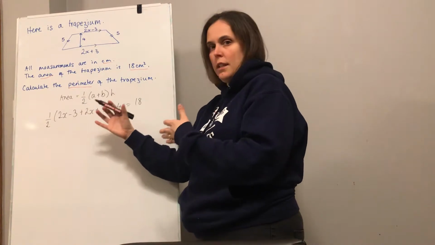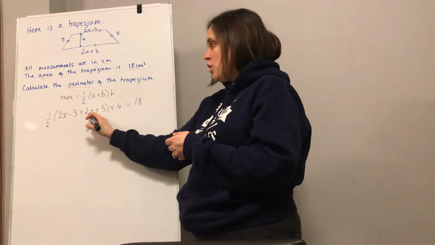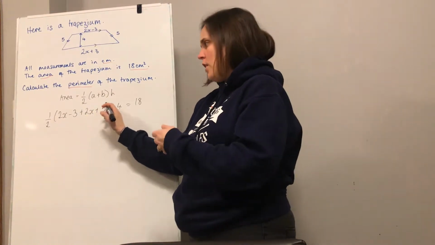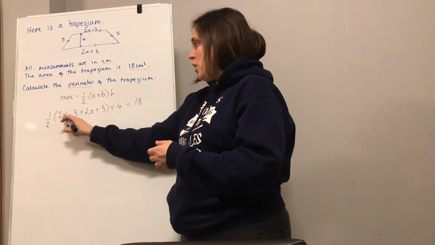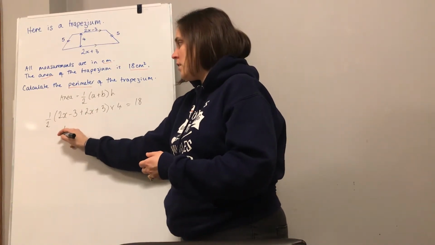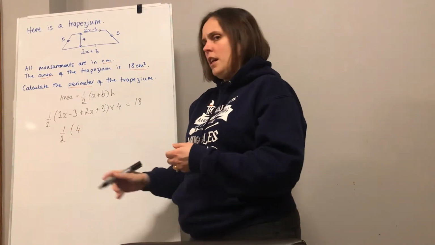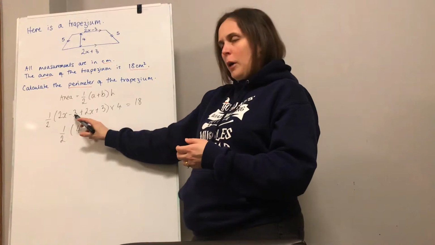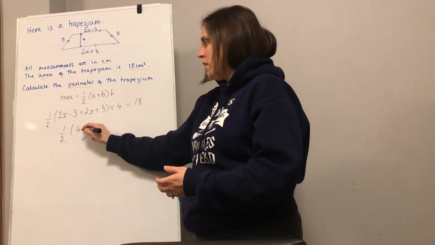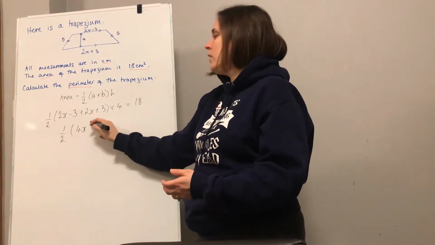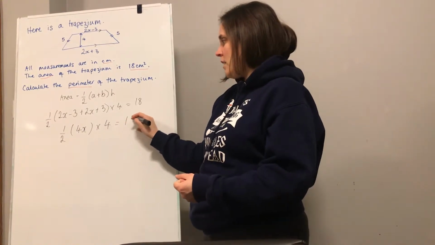Now, look at it, it's very straightforward. 2x minus 3 plus 2x plus 3. So if you think about simplifying that, first of all collect together your like terms. So 2x and 2x is 4x, so we have our half outside, and in the bracket we're going to have 4x. Now what happens with the numbers? Minus 3 plus 3, that's 0, so that's it. So all we have is a half times by 4x times by 4, and that gives us 18.